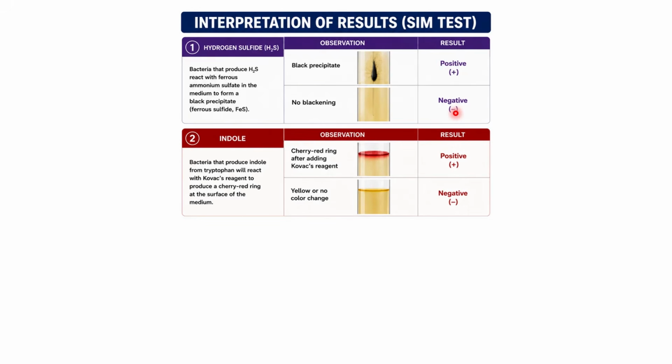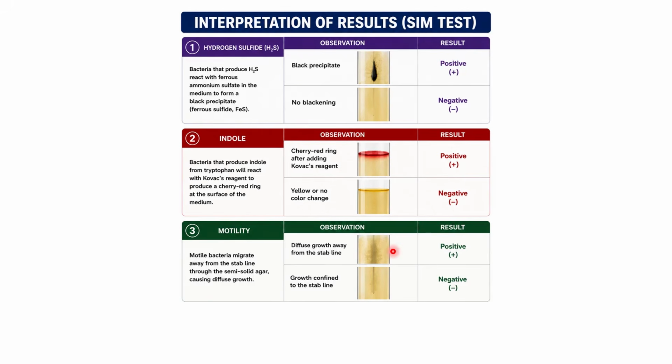For indole, bacteria that produce indole from tryptophan will react with Kovac's reagent to produce a cherry red ring at the surface of the medium as shown here to give a positive result, whereas yellow or no color change on the surface indicates a negative result.